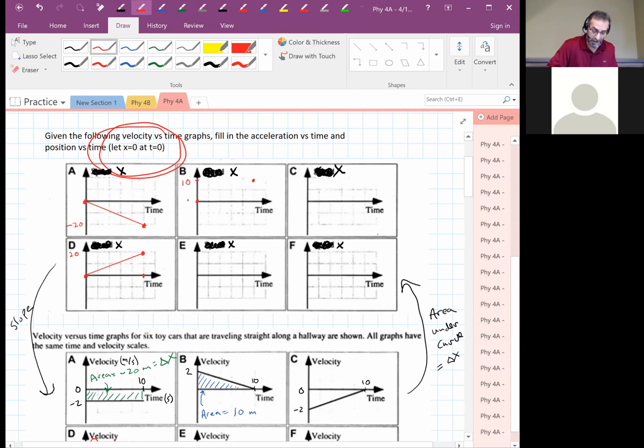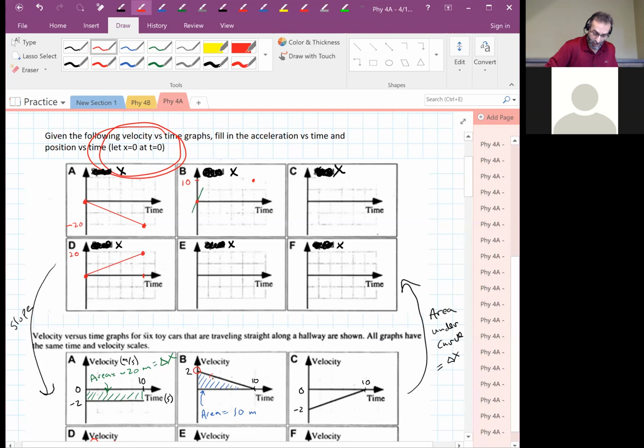I'm changing my scale here a little bit, but that's okay. Now the question is, what's the shape like? So if we look at this point here at t equals 0, the slope of the position versus time curve has to be a big positive number. Then it goes down, right?